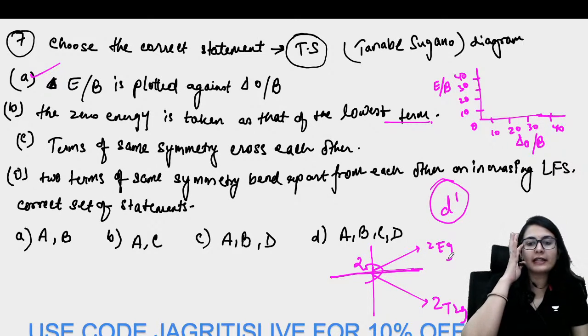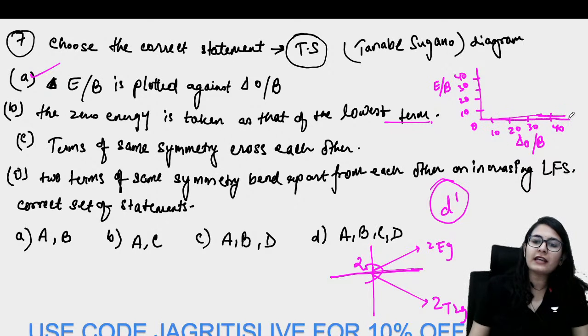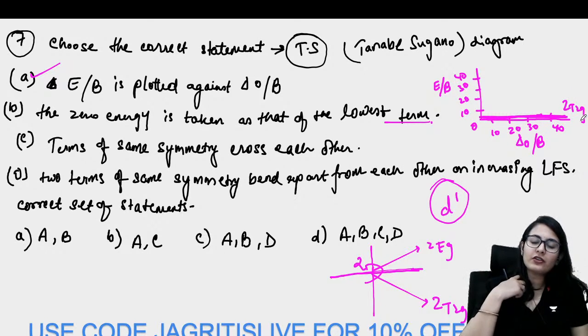Yes, this is your Orgel diagram. There is only one transition. The same thing is going to happen in the TS diagram. We take the x axis to be your 2T2g term. Whatever is your ground term in the Orgel diagram becomes the ground term in the TS diagram also, just that it is represented as the horizontal line. So this is also correct.